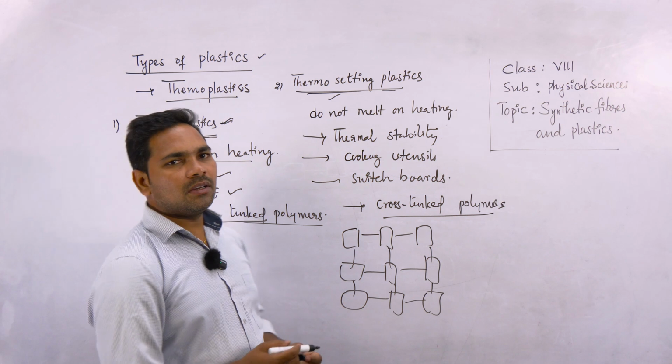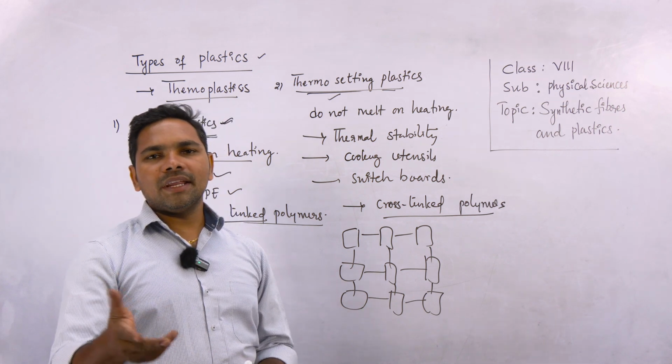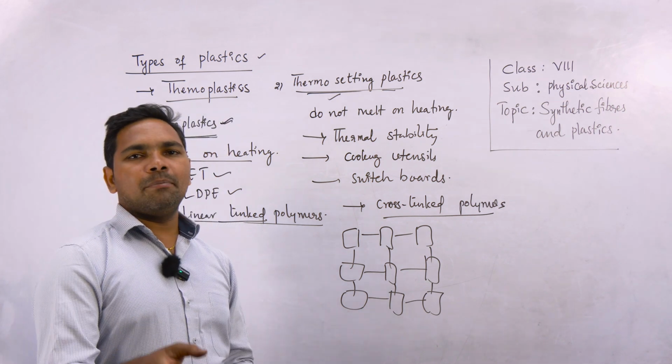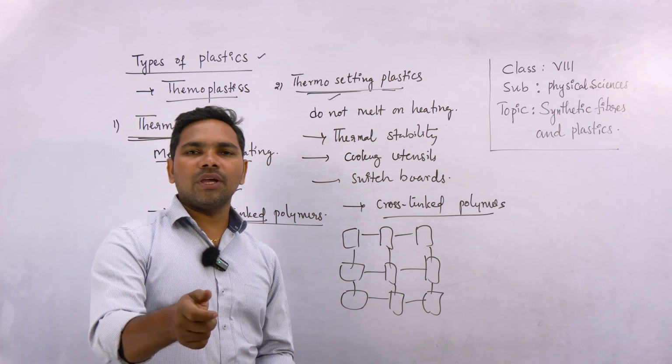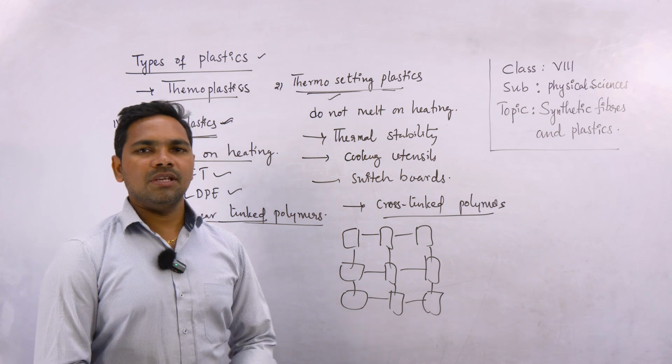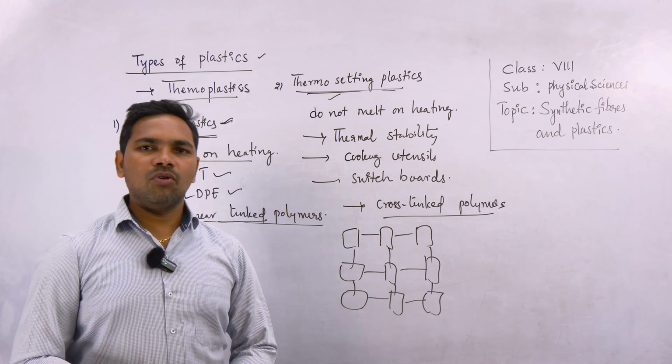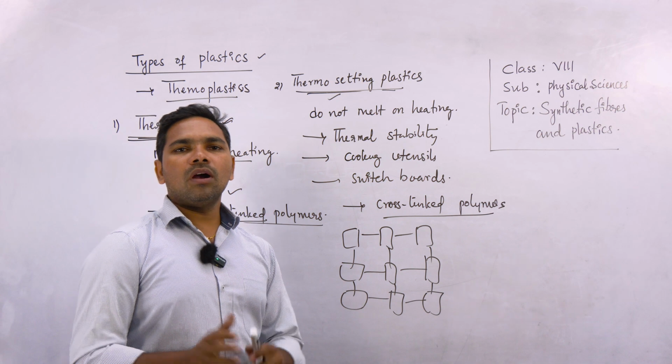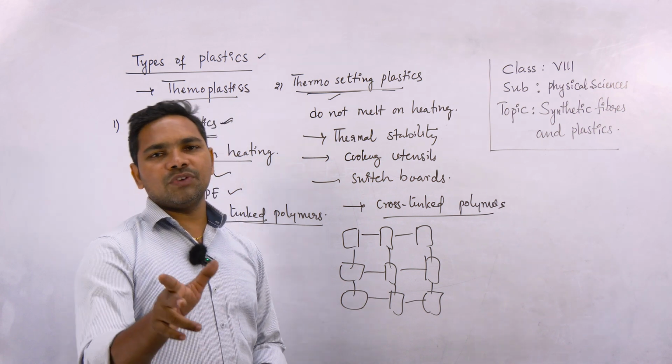On this topic, you often get a question like what happens if the handles of cooking utensils are made of thermoplastics instead of thermosetting plastics? You can find the answer in the video, which I've already explained. You may also get a question like what sort of plastics are used in making switchboards and why.